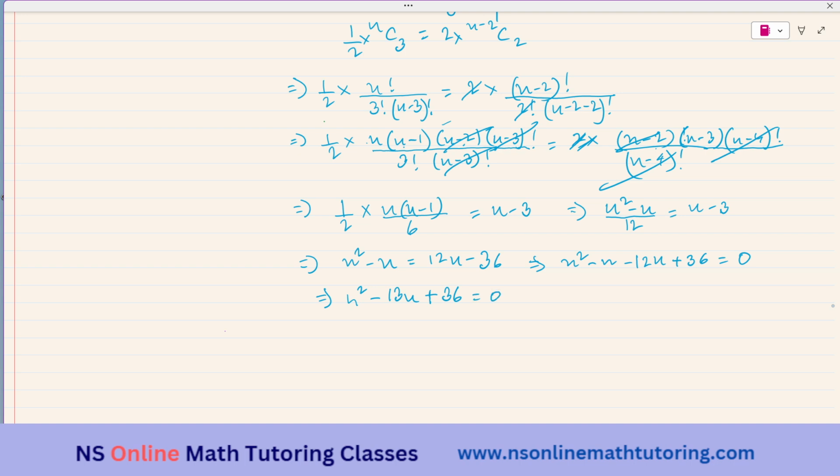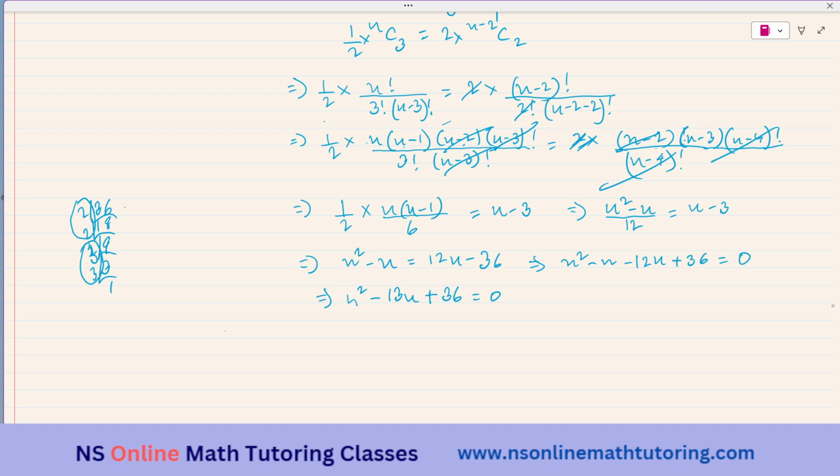And 36, what are the factors? It is 2 and 18, 2, 9, sorry, 3, 3, okay, and 3, 1. So if I take this 3 times 3 and take this 2 times 2, 9 times 4 is 36 and 9 plus 4 is 13.